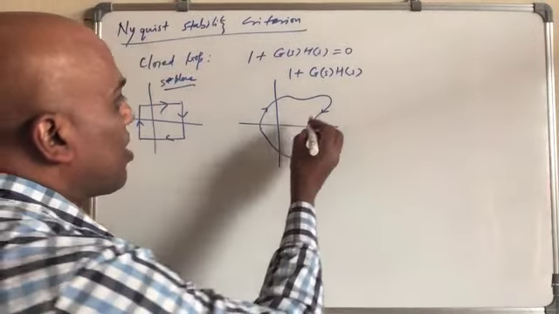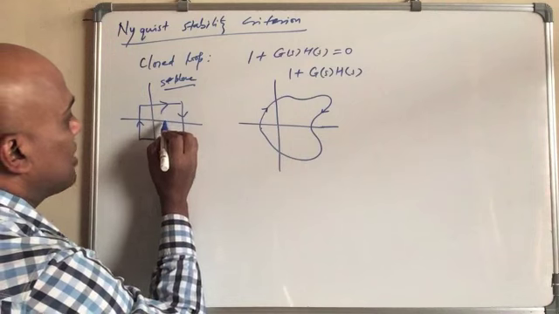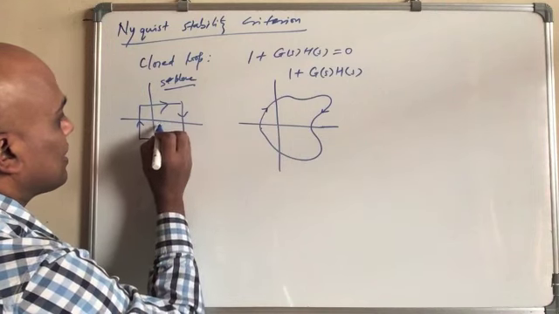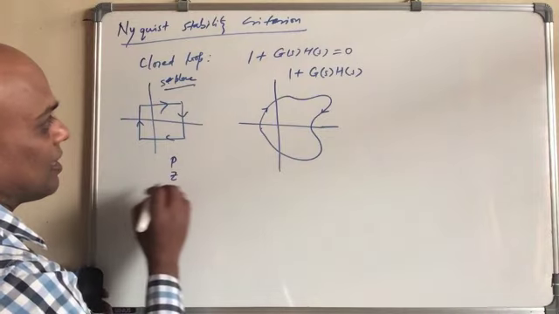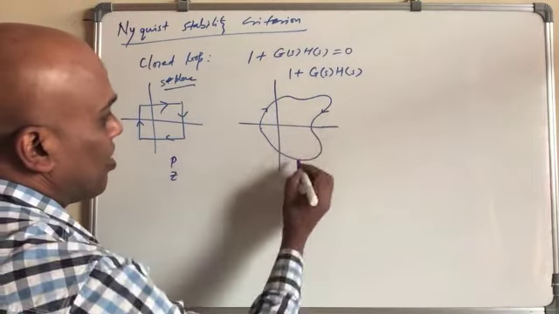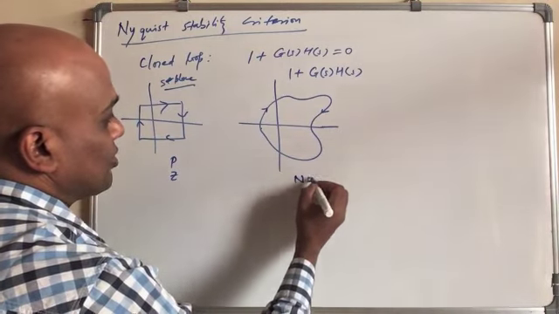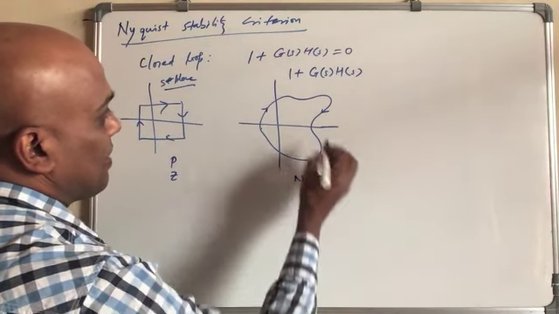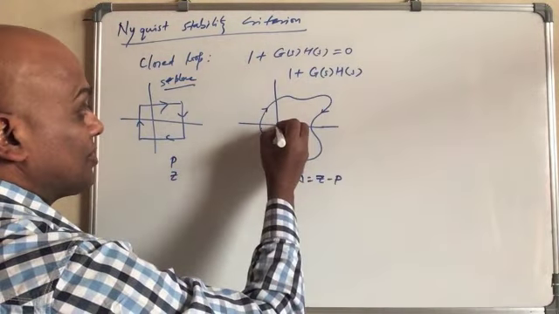Depending on how many poles and zeros there are, we can have the number of loops N equal to Z minus P times it is going to encircle 0.